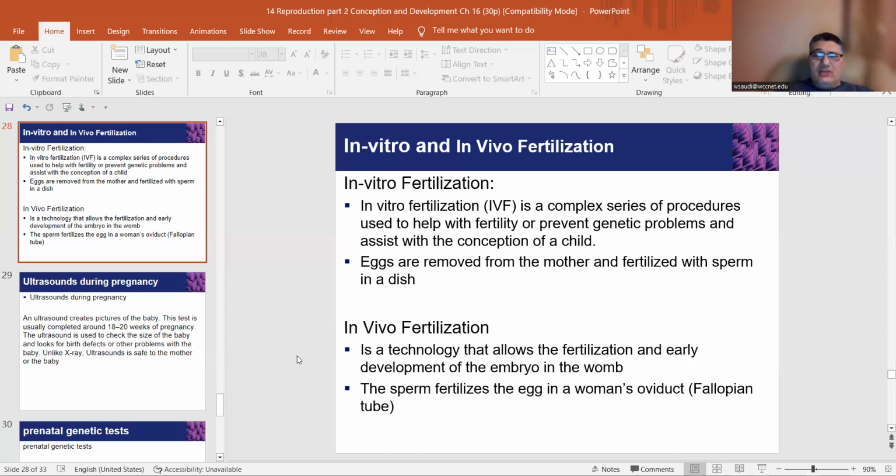So in vivo is they take a sperm from the male, the dad, and they inject it into the oviduct, which is a fallopian tube, during the time of ovulation, so that it fertilizes the egg.